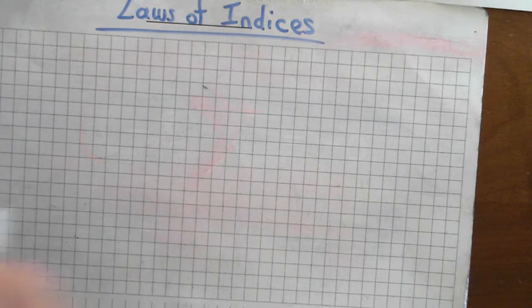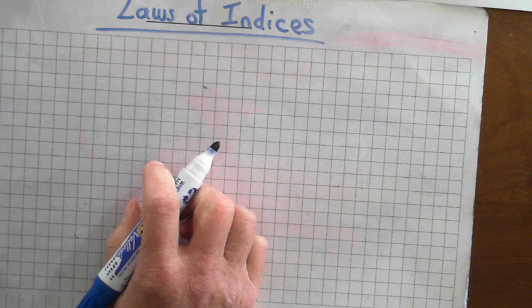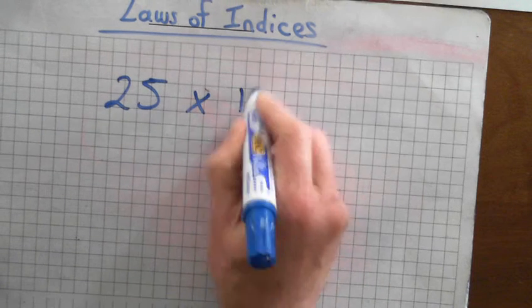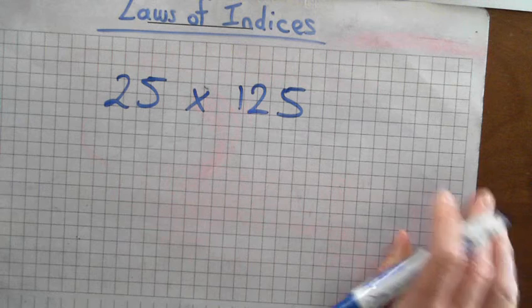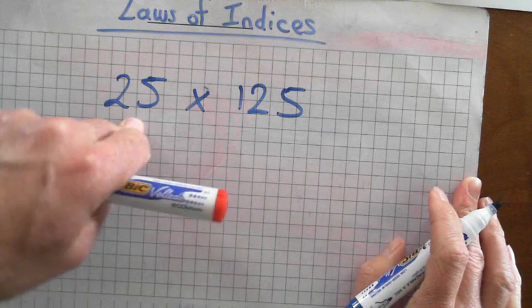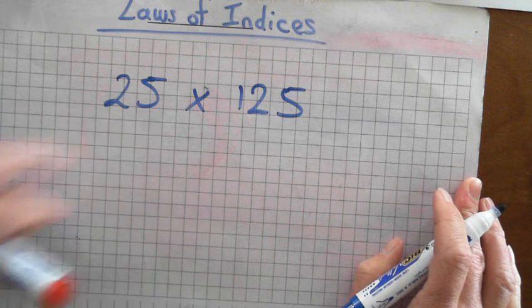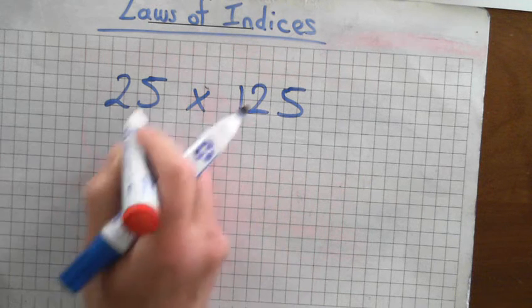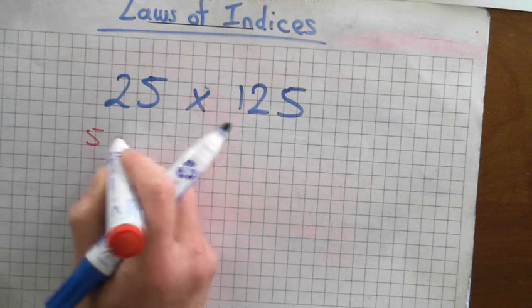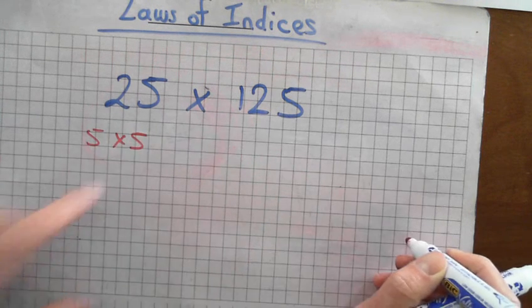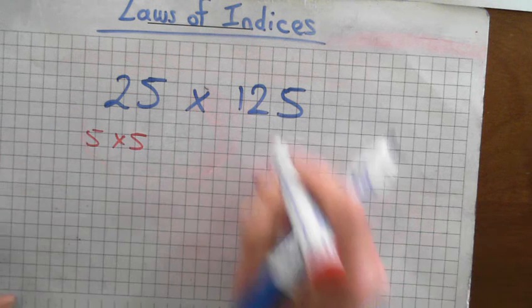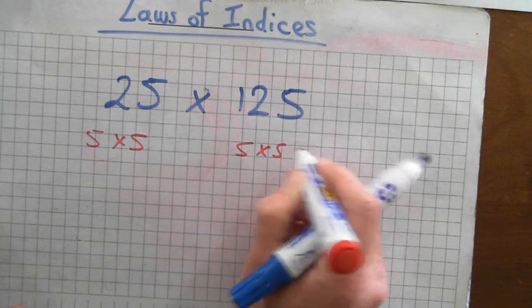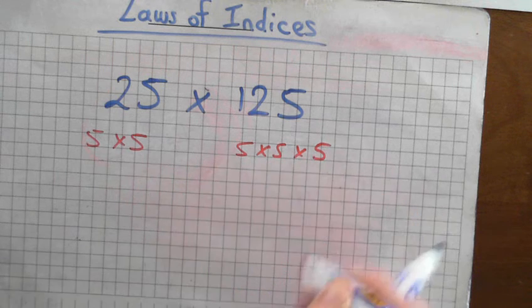Right, getting on to an example of question 13. If I had 25 times 125, I'm going to write them to the base 5 first of all. So what I do is change 25 to 5 times 5. 5 times 5 is 25. 125 is 5 by 5 by 5.